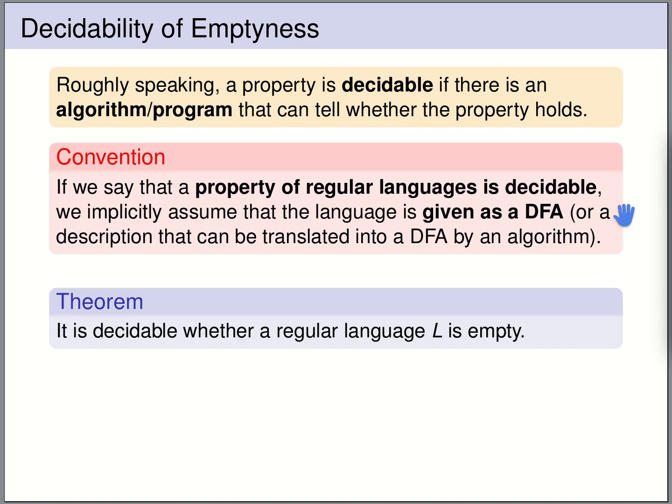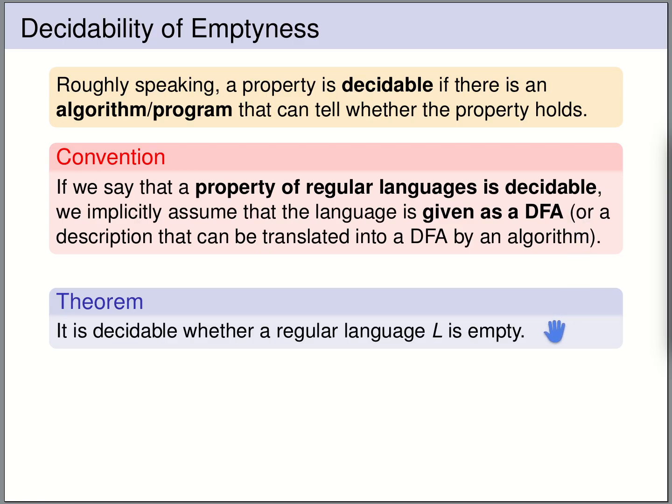As long as the program can do this conversion automatically, we are fine. But for simplicity, simply assume that if we say that the property of a regular language is decidable, we mean that the input of the program is a deterministic finite automaton, and then the program is asked to decide, does the property hold for the language described by this deterministic finite automaton?